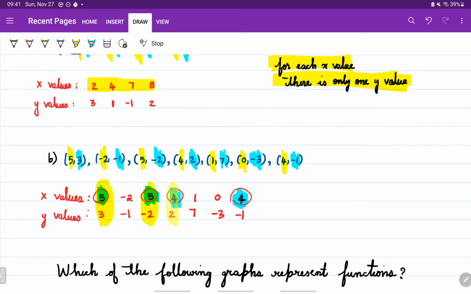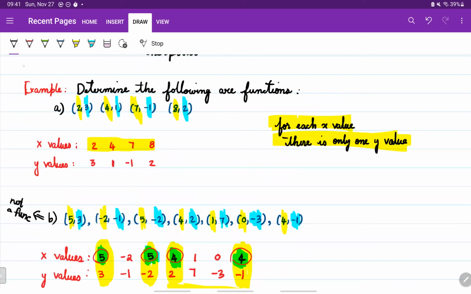Similarly, 4 is mapped with 2 and -1, which goes against our function definition, where for each x value, there is only one y value. So for the x value of 5, we have two different y values, and for the x value of 4, we have two different y values. So B is not a function, and the first one is a function.